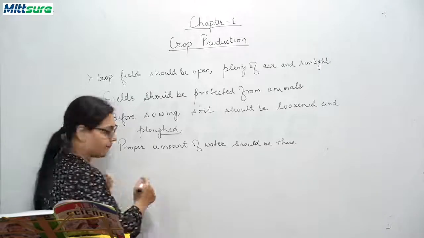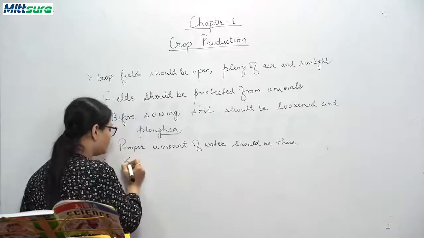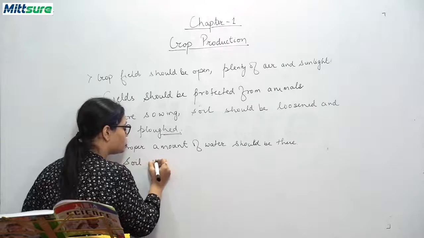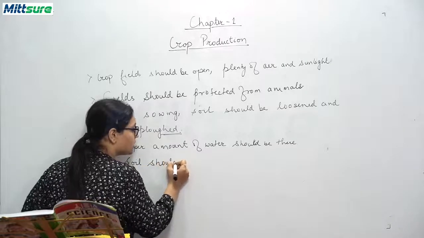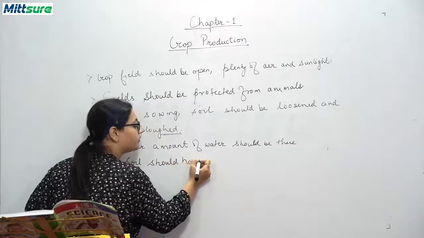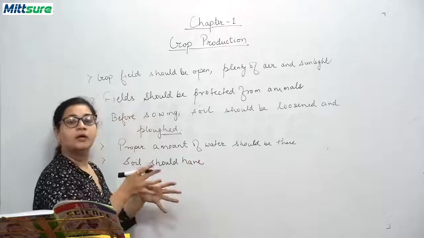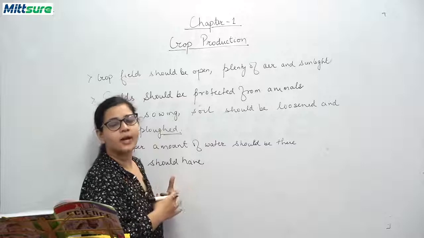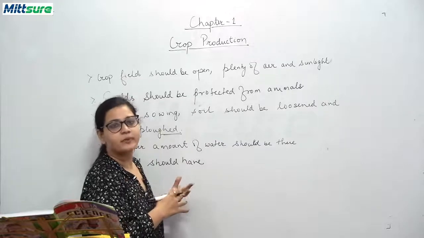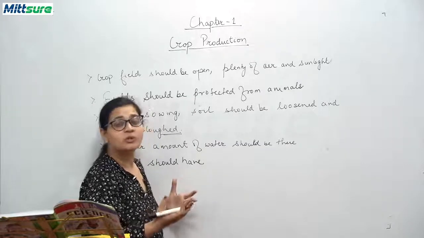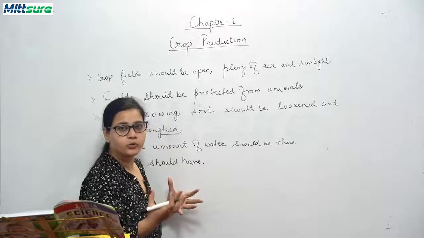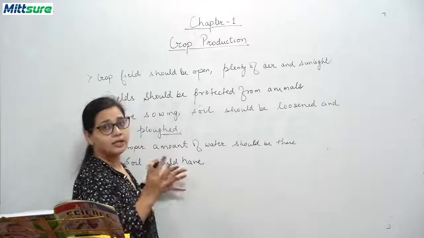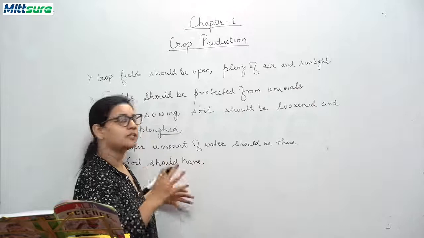Also, the soil should have sufficient nutrients. Just like our body needs carbohydrates, fats, vitamins, and minerals, similarly plants also need different types of nutrients, so they should be present in sufficient quantity.